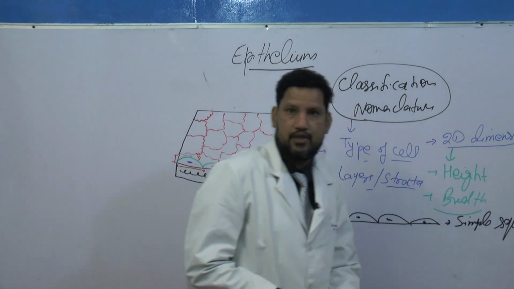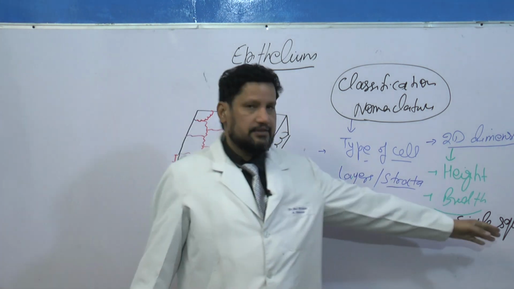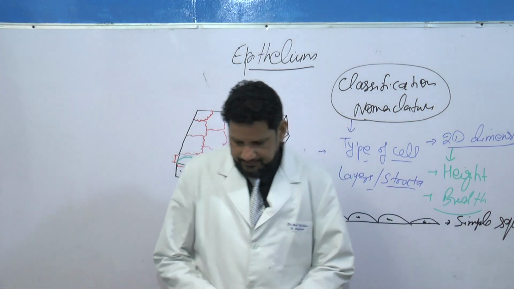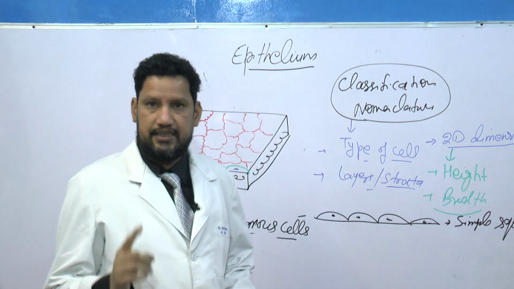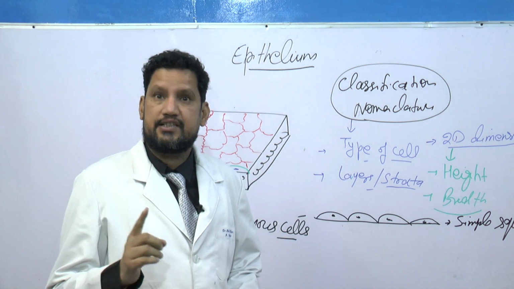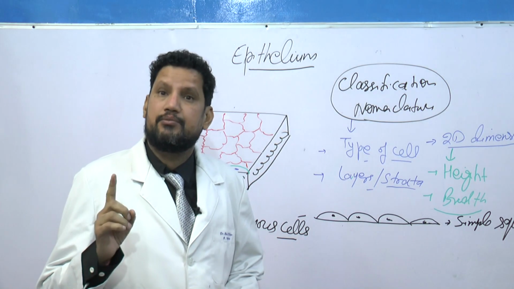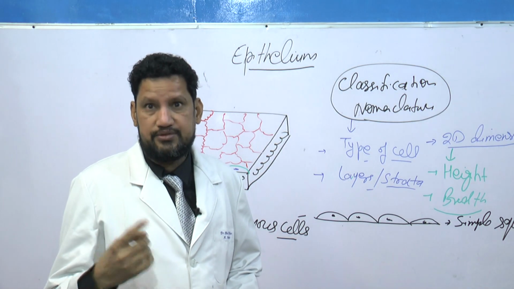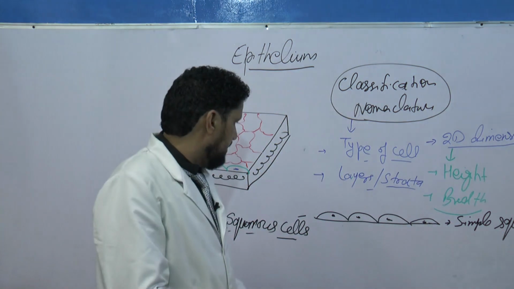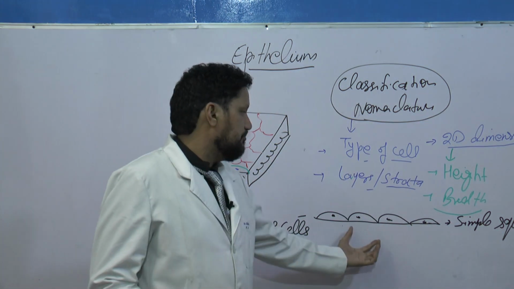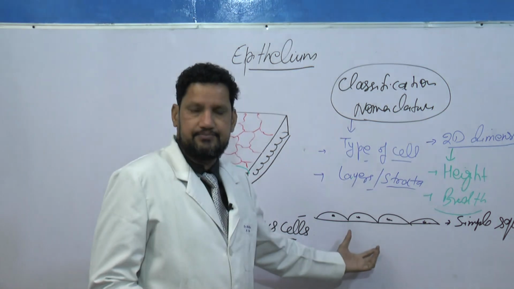When the cells are arranged in a single layer, all cells resting on the basement membrane and there is a single layer of cells, this type of epithelia is known as simple squamous epithelium.